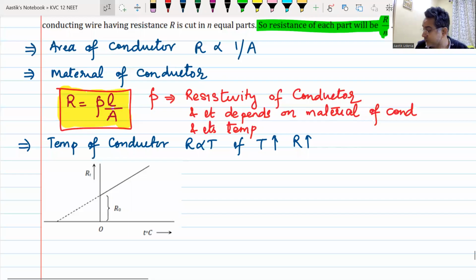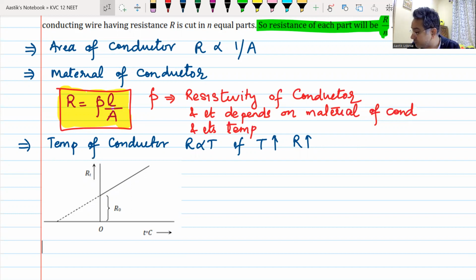So, if I now give you the graph of dependence of resistance on temperature, the graph looks like this.